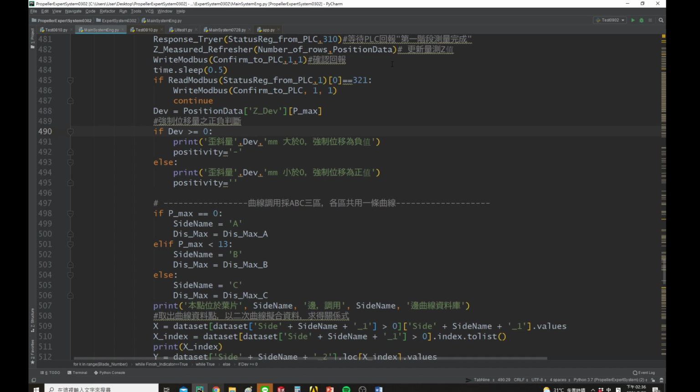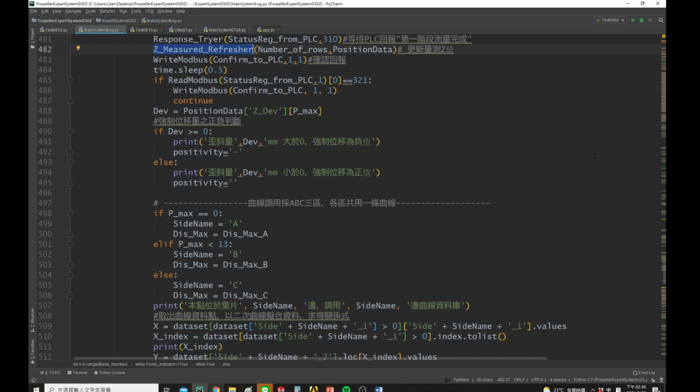If I use the z measure refresh function, the program will read each register in the z measure register, and then copy back to the deviation data frame.